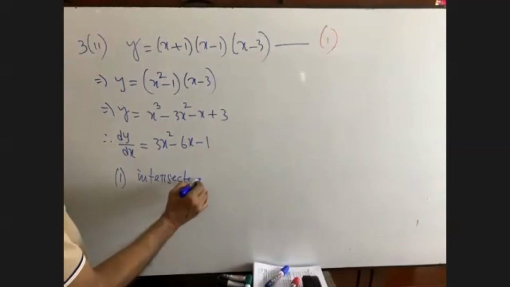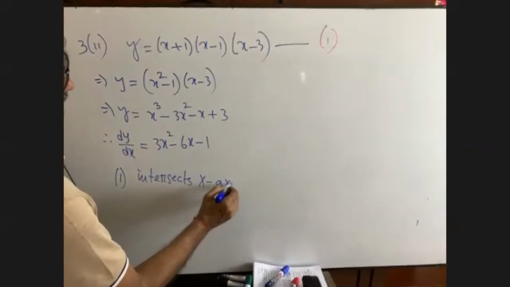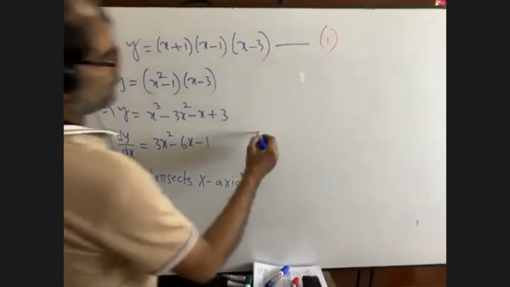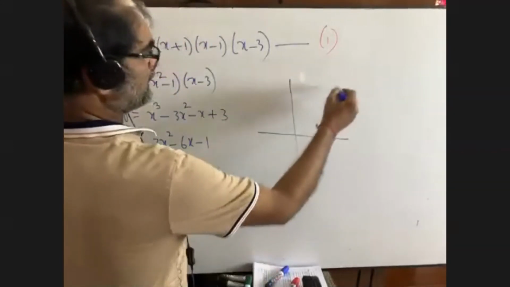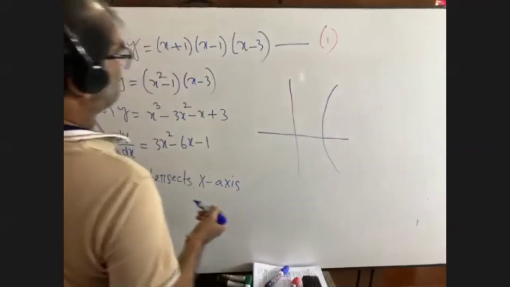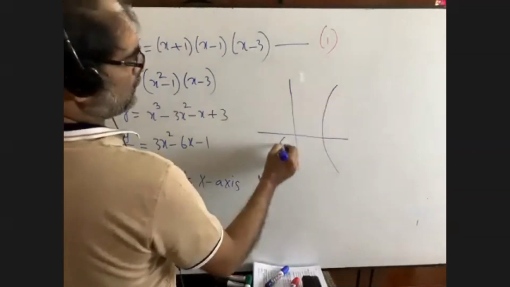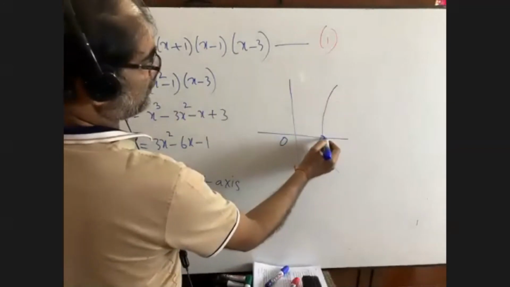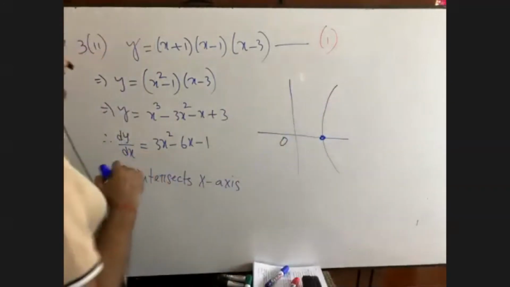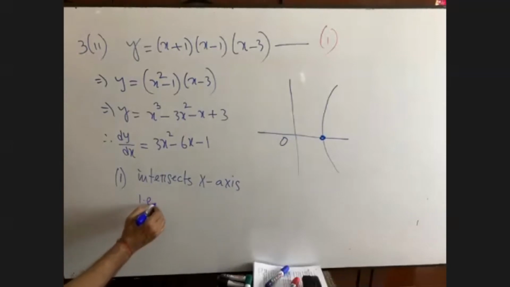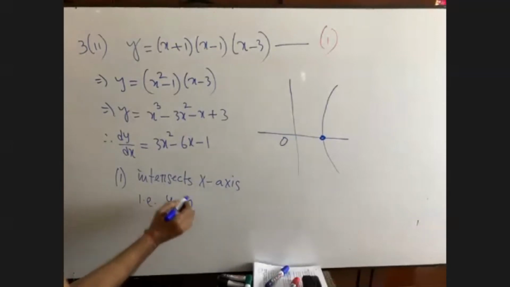Can you please let me know what is meant by this? Suppose it is a curve, with origin O. This curve intersects the x-axis. What is meant by this? That is y equals 0.